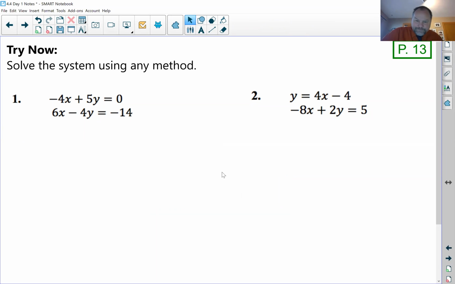All right. So for number 1, which method would you choose? I would say I'll check the chat, but the chat is empty. So go ahead and unmute and just let me know which method. Graphing, elimination, substitution.